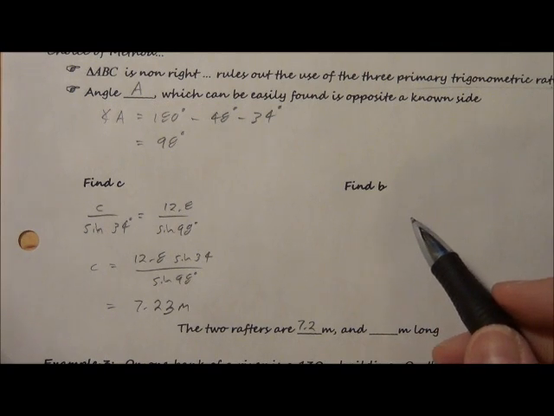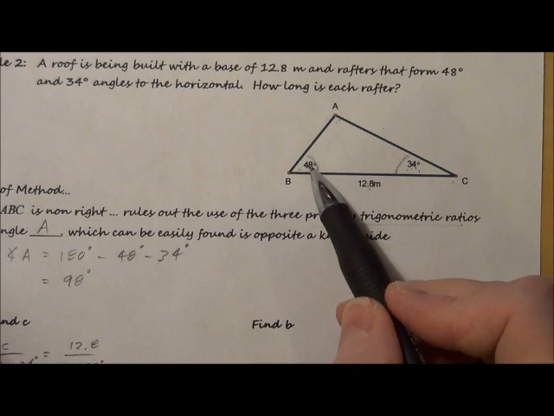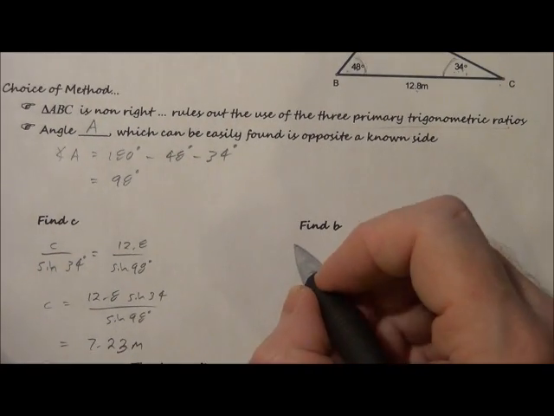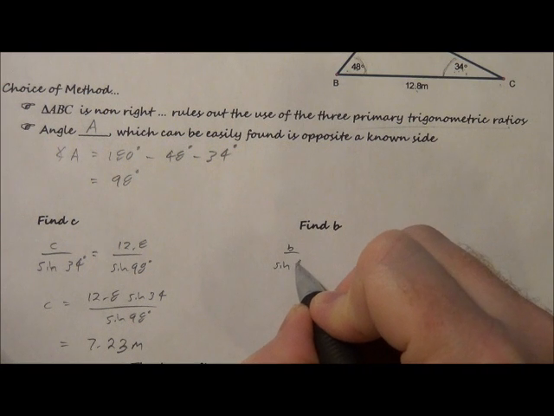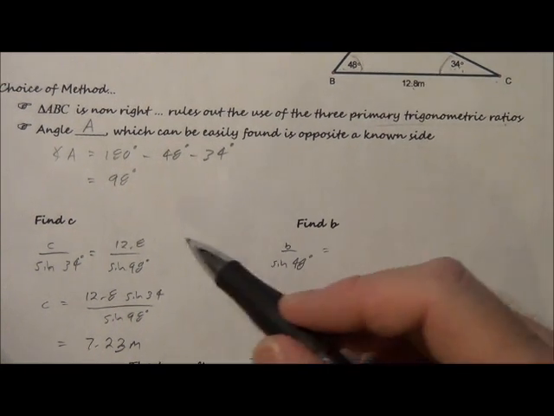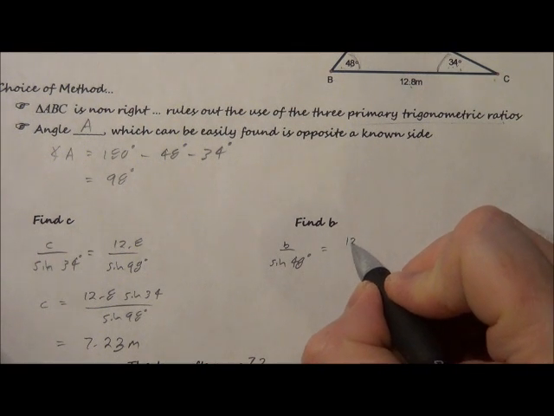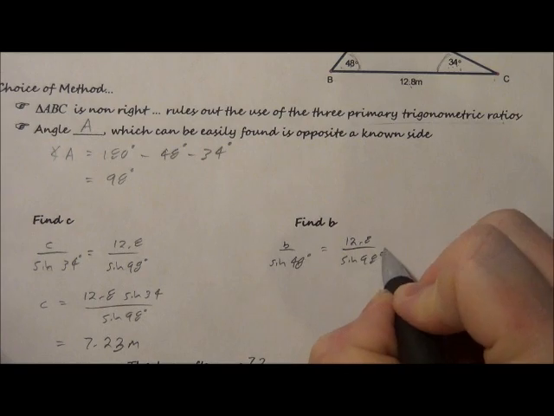Now finding side B, similar process. Side B is across from angle B, so we've got B over sine of 48 degrees, and that's equal to the same complete ratio that we used before, so we've got 12.8 over the sine of 98.